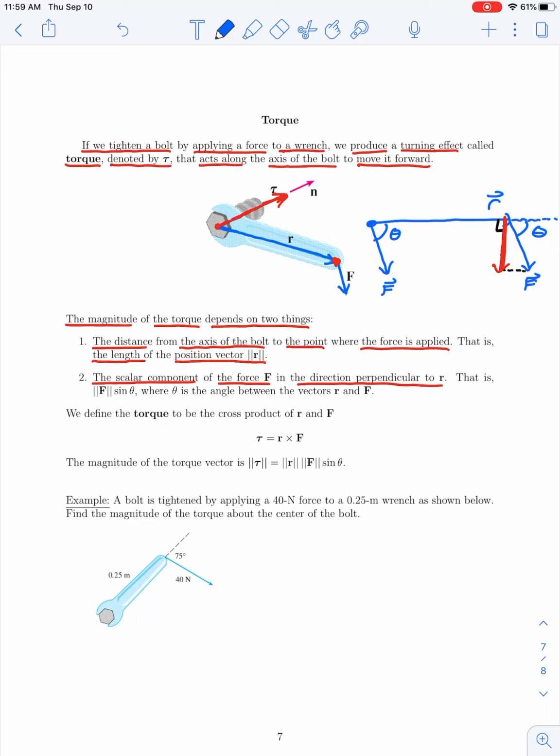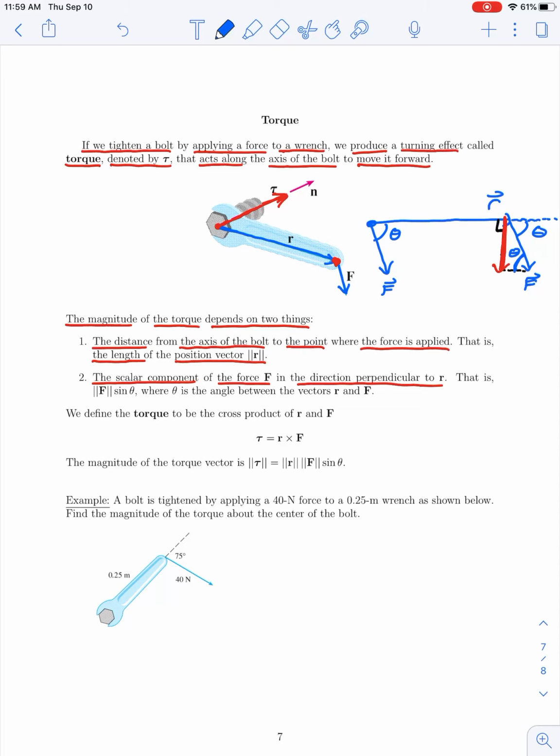So it follows that this interior angle of this little right triangle must also be theta. Let's see if we can use that to determine the magnitude of this vector shown in red.